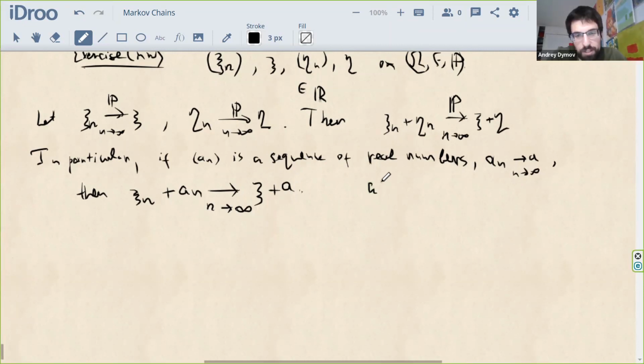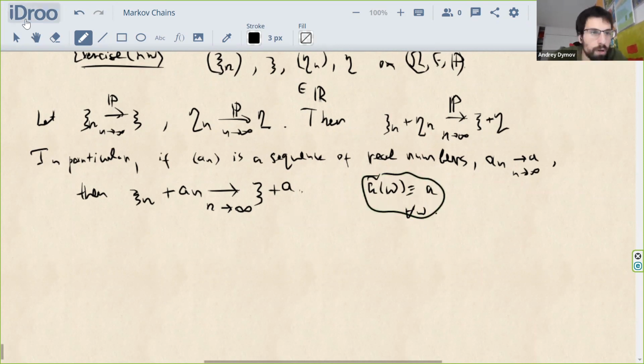So we can just think that a is a random variable, and I can associate with a the random variable, let me call it a tilde, which is identically equal to a for any omega. Here I can write any omega, not just a set of omegas of probability 1.